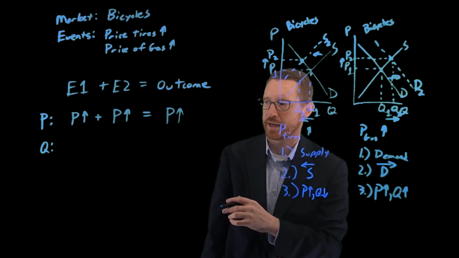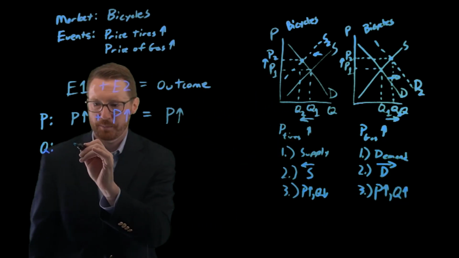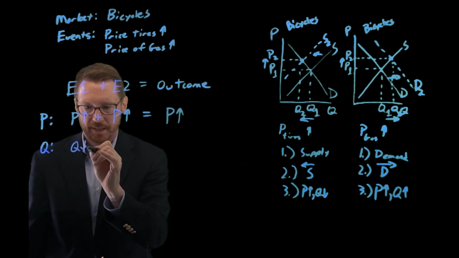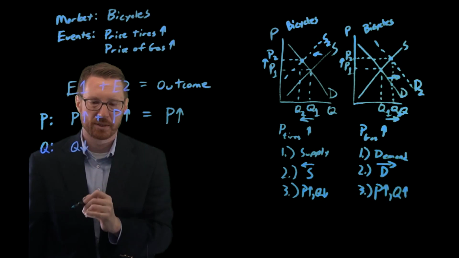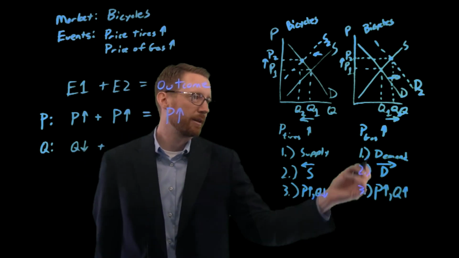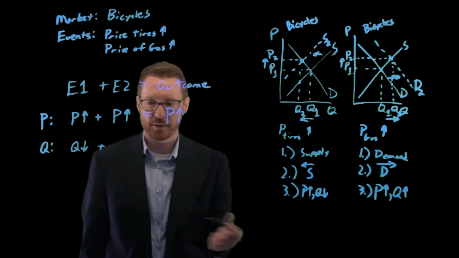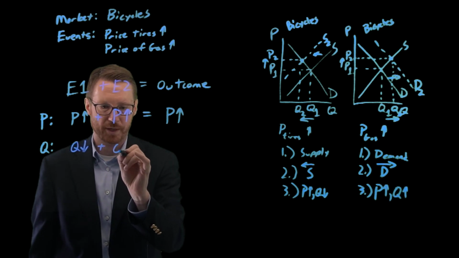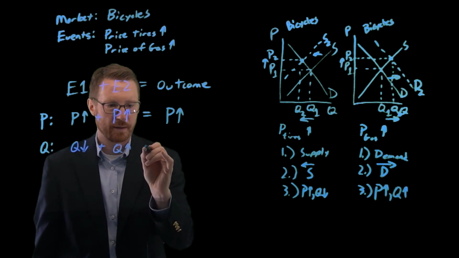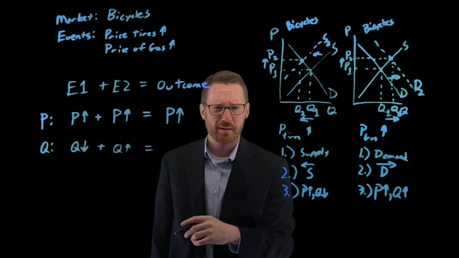All right, what about quantity? Our first event, the price of tires increasing, pushed quantity down. What about our second event, the price of gasoline increasing? Well, it pushed people to buy bicycles, so it put upward pressure on quantity. So what's our net effect?